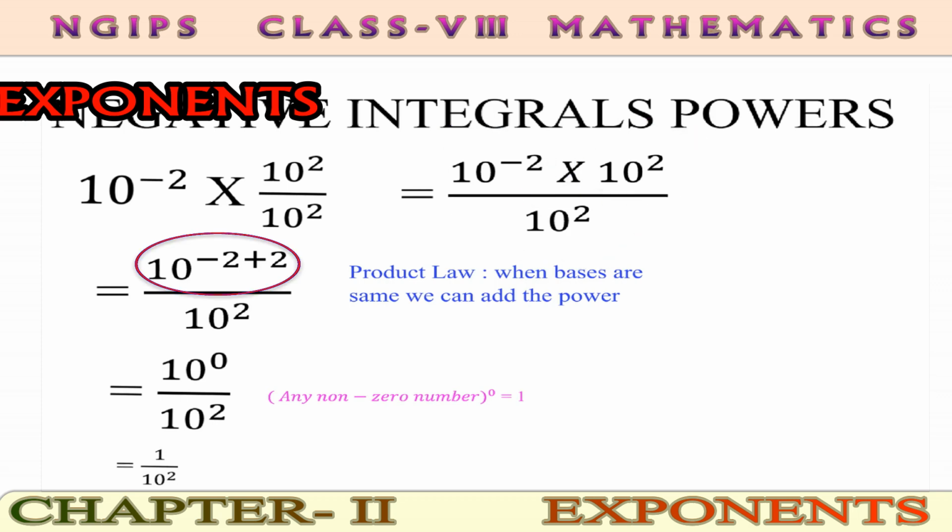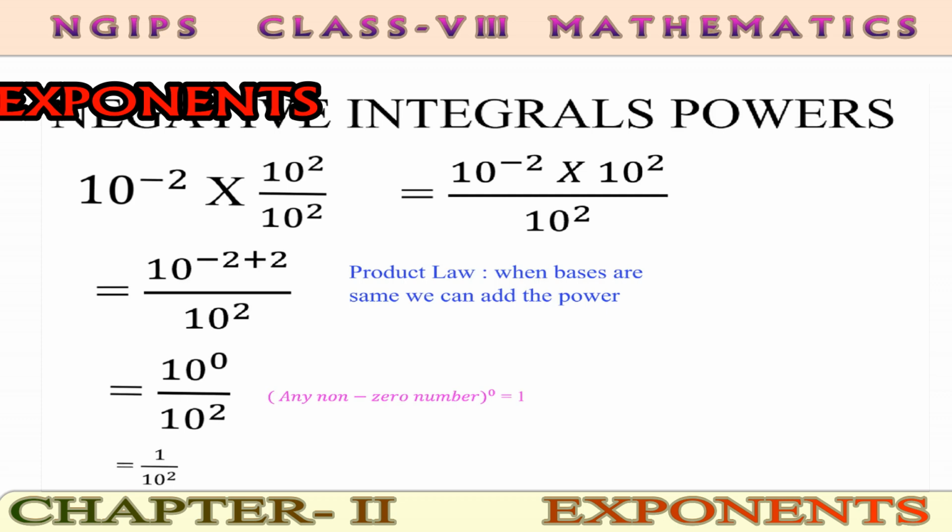Focus on the numerator. Since the bases are the same, we can use the product law. We write it as 10 raised to minus 2 plus 2, which is equal to 0. Hence, that equals 10 raised to 0 divided by 10 raised to 2.